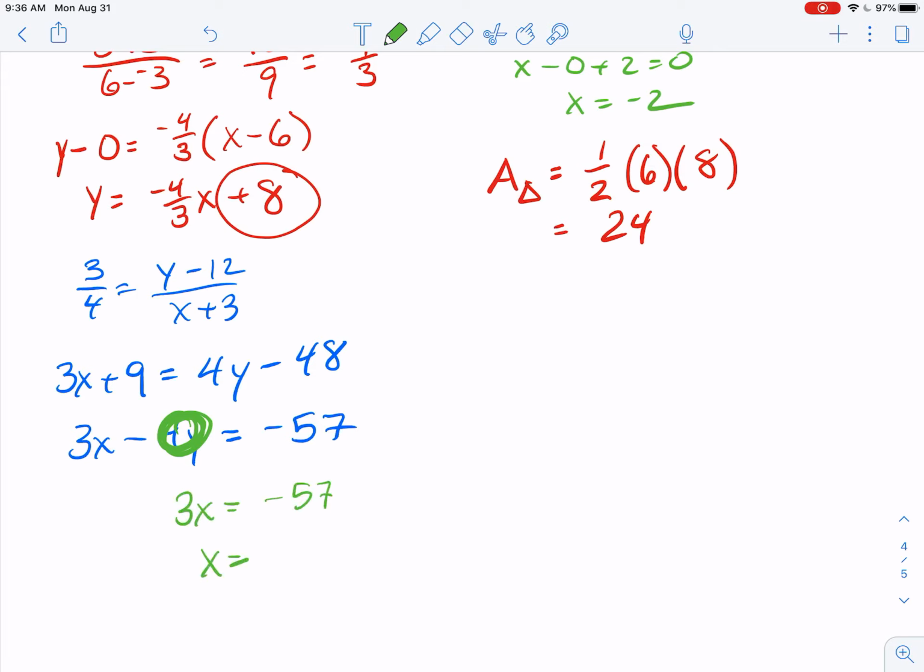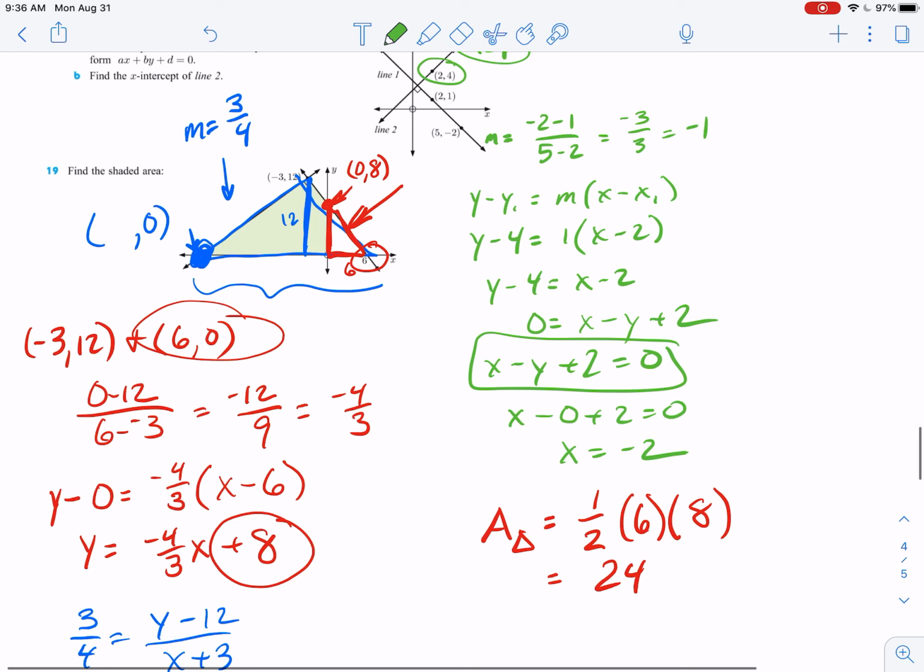Divide by 3. 3 goes in there, -19. So this has a value of -19, which means that this little piece from here to the origin is 19 units, from here to here is 6 units, so that entire thing is 25 units long.